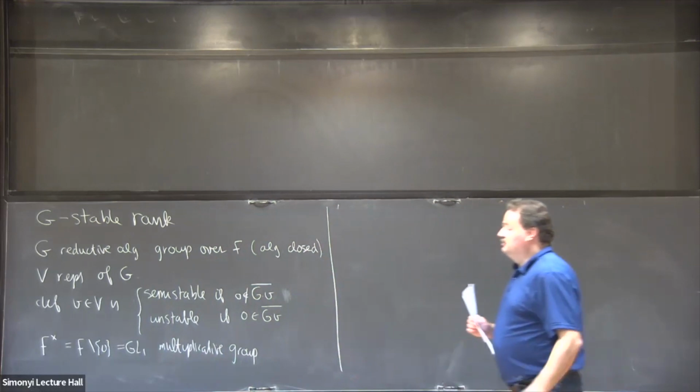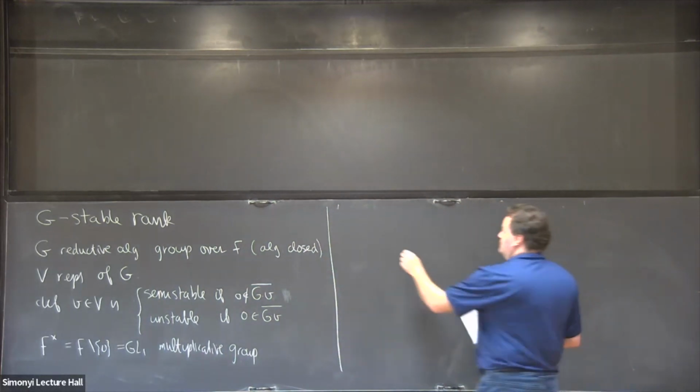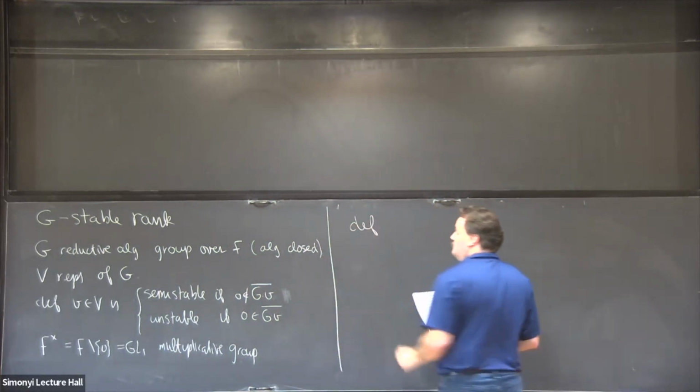And this other notion in geometric invariant theory is the notion of a one parameter subgroup.